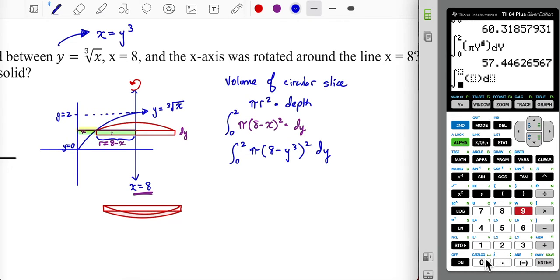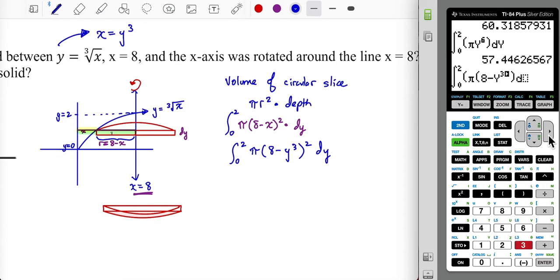So math 9. On the interval of 0 to 2, we got a pi. We got an 8 minus y, I'll use the y again, raised to the third. You could use x instead if you want. Quantity squared.